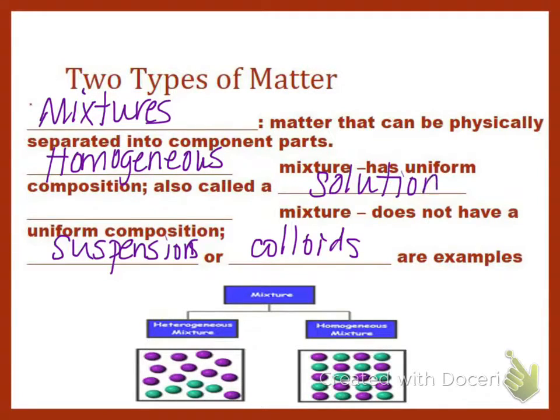And down at the bottom you can see a particulate drawing. The homogeneous mixture looks uniform throughout. It's the same throughout. And if you look at the heterogeneous mixture, the particles are different. They're not mixed together in a uniform fashion.